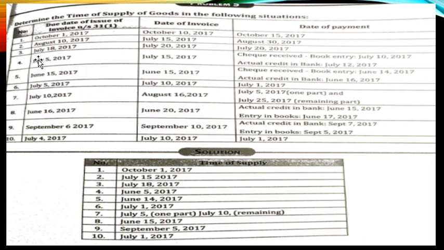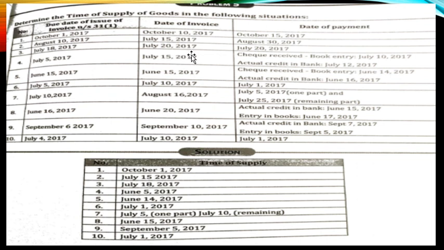Second case, August 10, 2017 is the due date of issue of invoice. Then the date of invoice is July 15, and the date of payment is in August. So in this, the earlier date is July 15. So July 15 will be considered as time of supply. Then in the third situation, July 18, 2017 is the due date of issue of invoice.